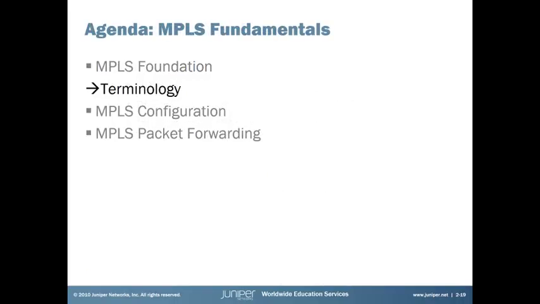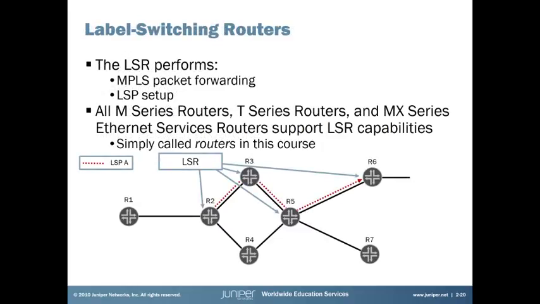Okay, let's get into a little bit of this terminology that we've been throwing about. We have label switch routers. An LSR is a label switch router. It does MPLS packet forwarding and it can do label switch path setup. What kinds of routers can do that within the Juniper series?